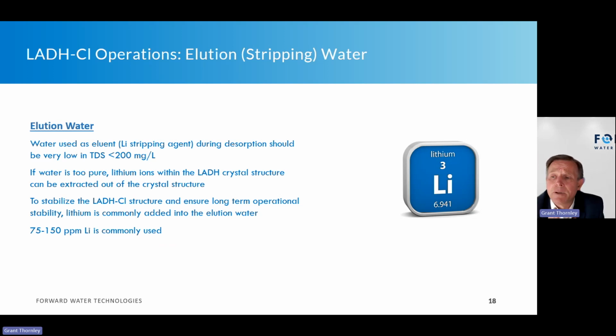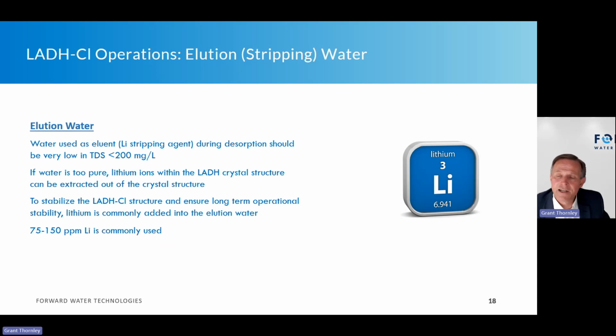So I'm not going to be pulling lithium out of the structure. I'm going to be pulling lithium out of the voids, and that's what I want. By simply adding 75 to 150 ppm into that eluent water, it prevents lithium from being pulled out. It stabilizes the structure and improves long-term operational performance.